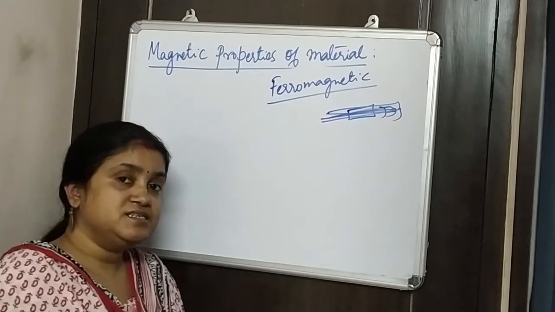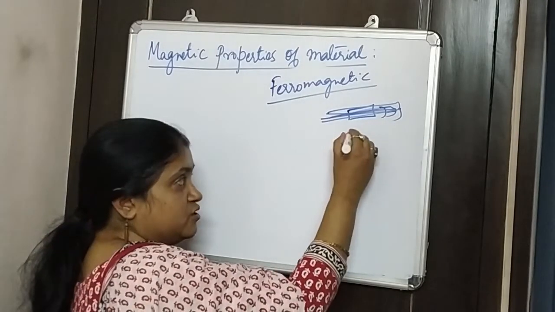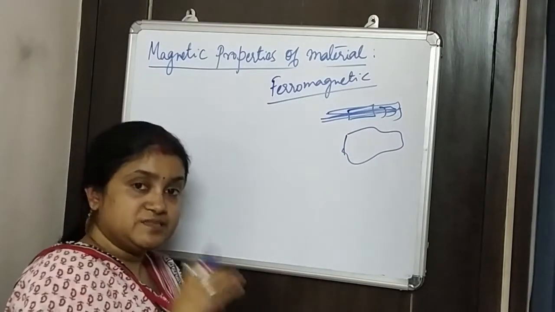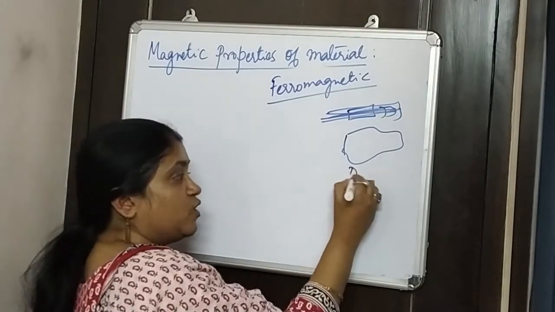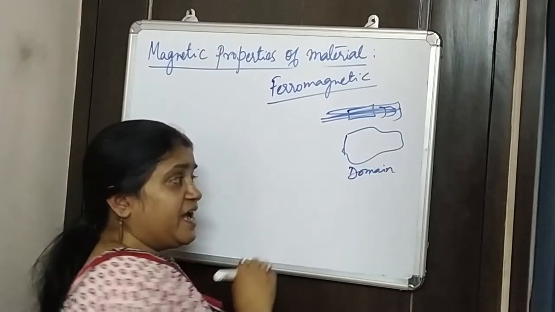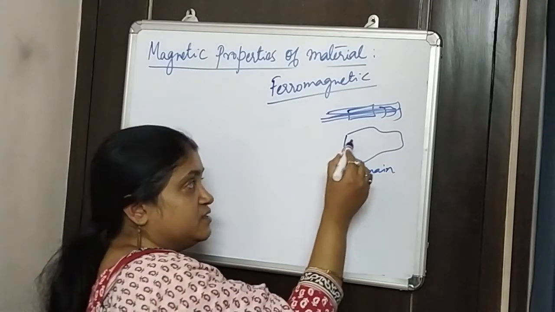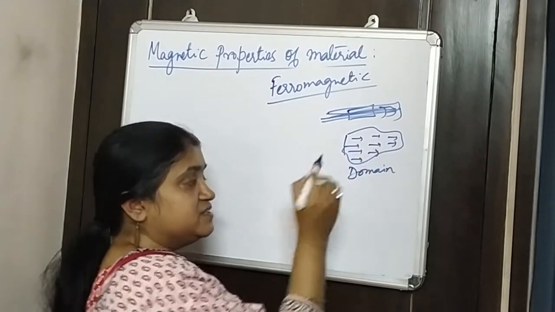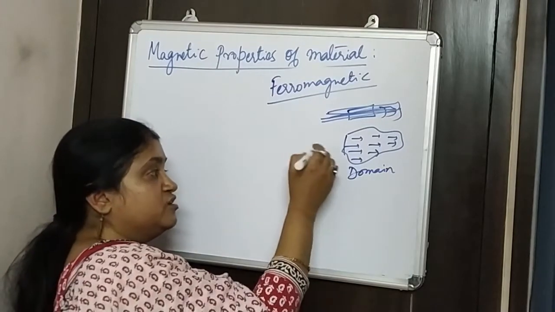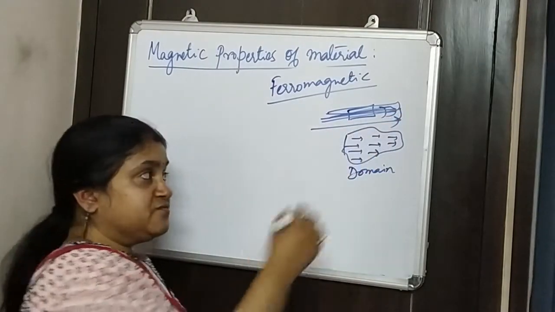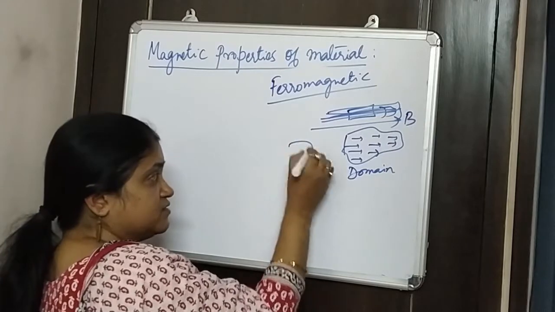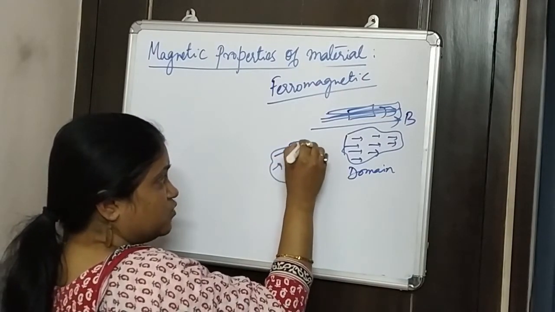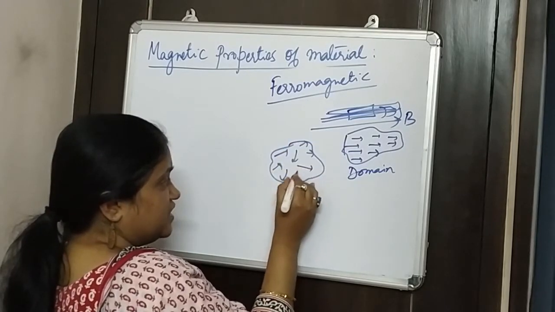And these materials generally have small chunks, microscopic areas, which are called domains. In this domain, all the dipole moments get aligned in the same direction when you give an external magnetic field B. Otherwise, each domain would have a different direction of alignment.